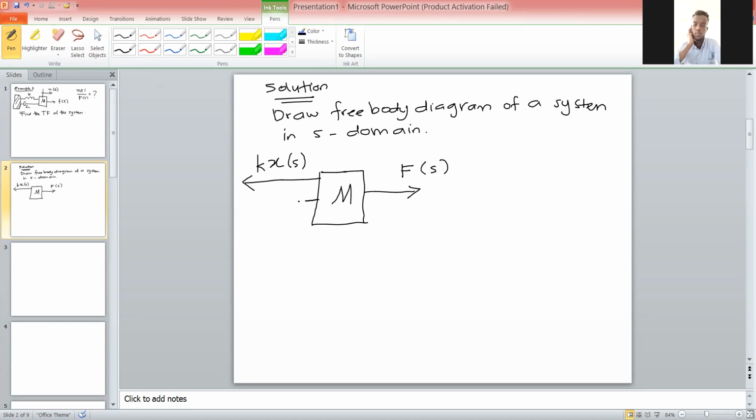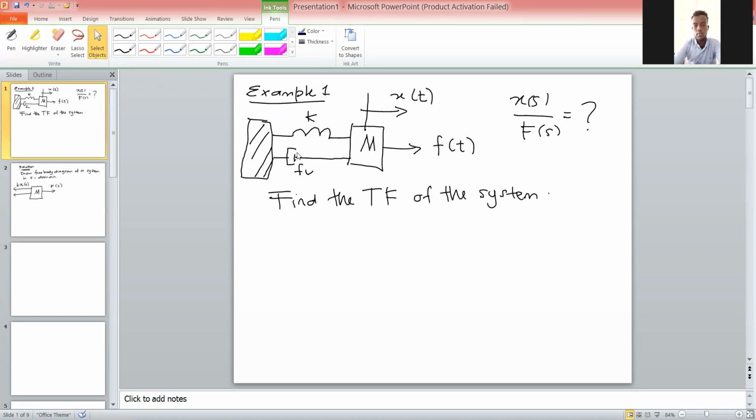How about the other force? What we have here is FV. In T domain it is FV.